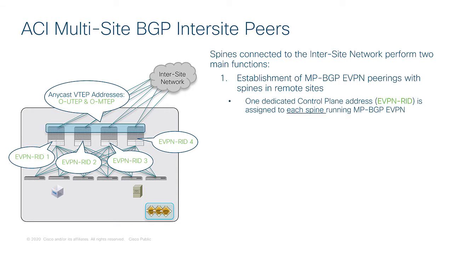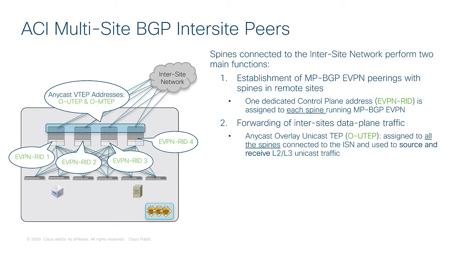Each participating spine will have an EVPN router ID that we'll use as a control plane address. This is what will be used by MPBGP. Second, there are a pair of TEP addresses that we use for data plane purposes. And the first one is an Anycast overlay TEP, or O-U TEP. And this will be a single address that will exist on all participating spines at the same time.